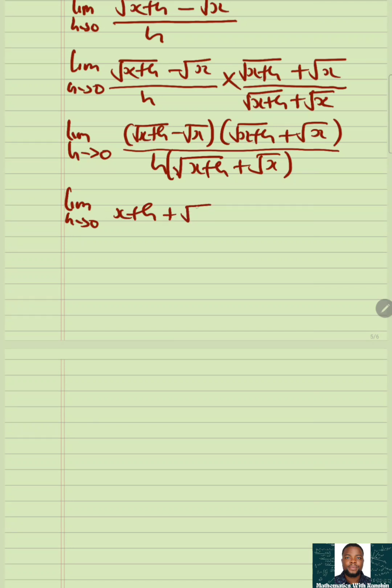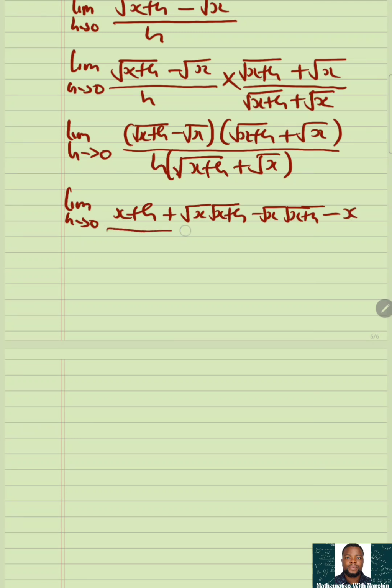The next term would be root of x plus h times root x, then minus root x multiplied by the square root of x plus h. You have minus root x times root x, that's going to be minus x.